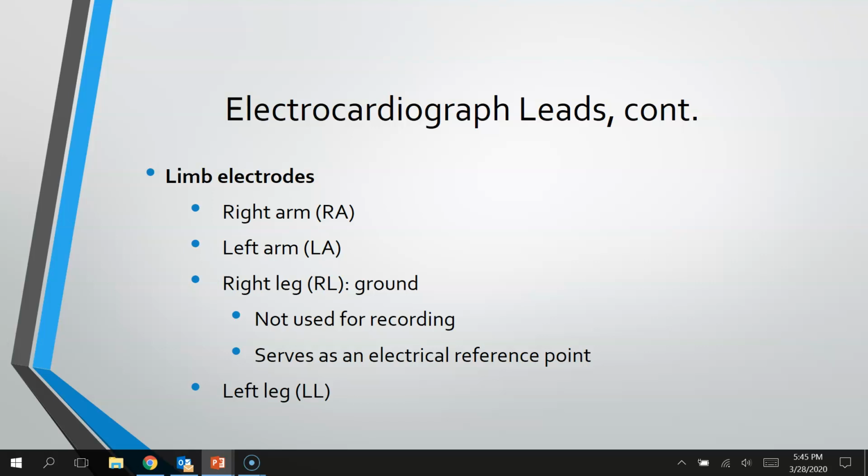So it really isn't going to show us anything, but we've got to have that lead on there to be able to ground all the other leads. Okay, it's like a reference point. And then the left leg, which would be LL. Most important thing to remember here again, it is the patient's right and left, not your right and left.